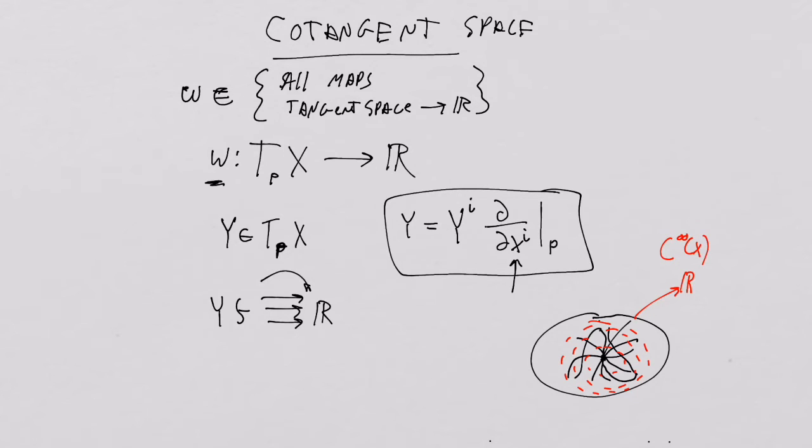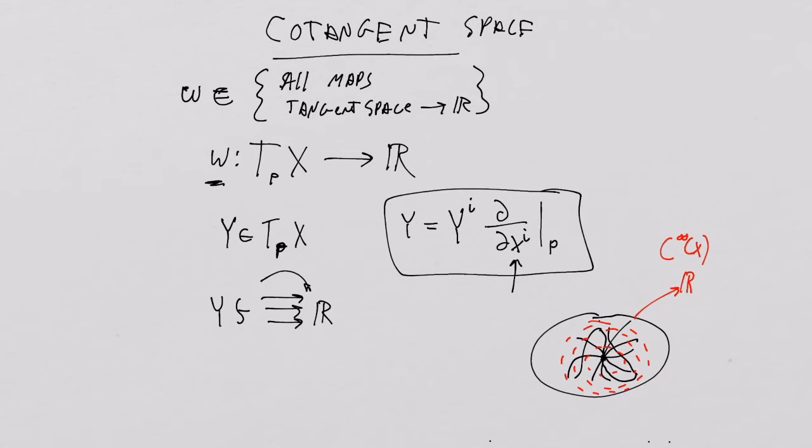And each C infinity function I can attach to the dual vector, just like I could attach the curves to the vectors. The elements of the cotangent space are called dual vectors or covectors. So each covector, I'm going to connect to a function in C infinity, and somehow use that to create this map.